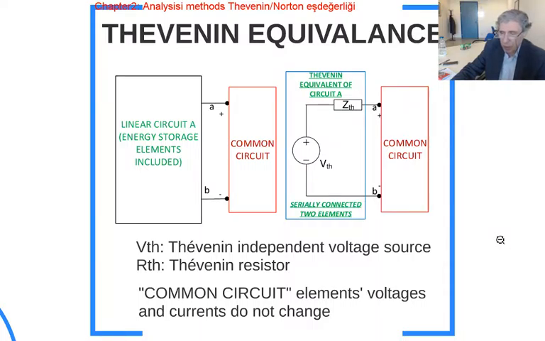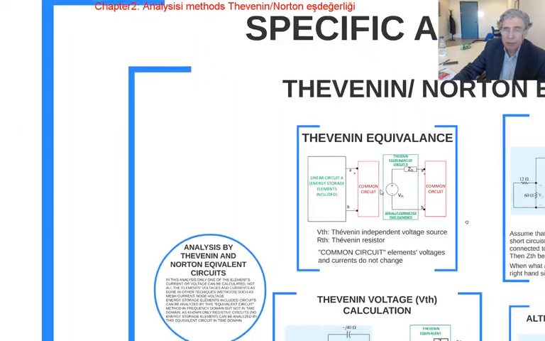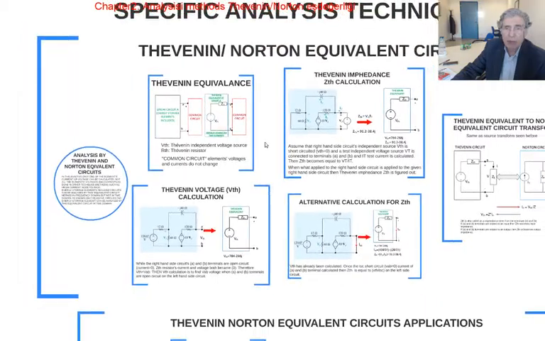So what is next? How are we going to calculate those two, the Thevenin voltage and the Thevenin impedance? The Thevenin voltage calculation is here, the Thevenin impedance calculation is here, and an alternative calculation of the Thevenin impedance is given here.